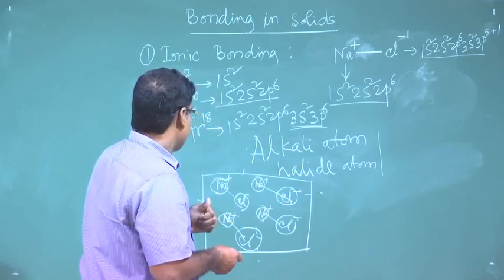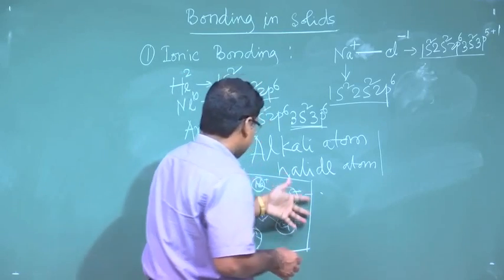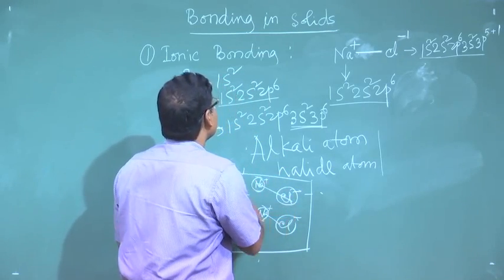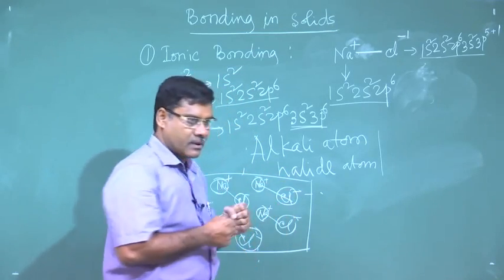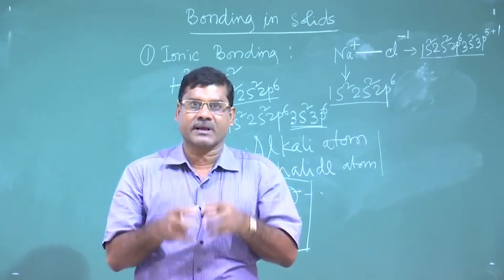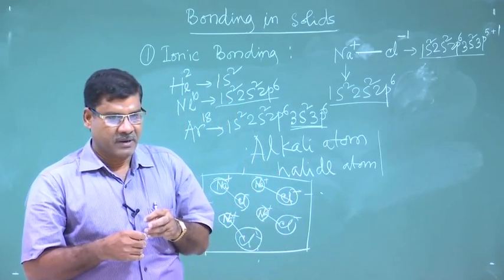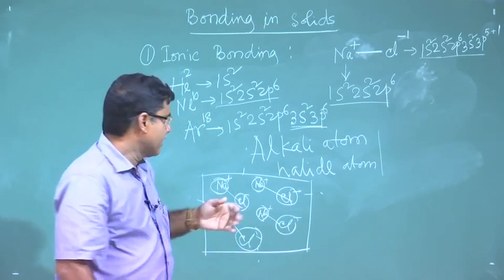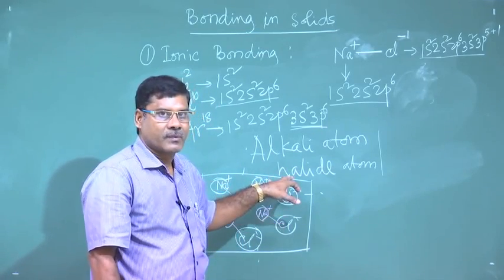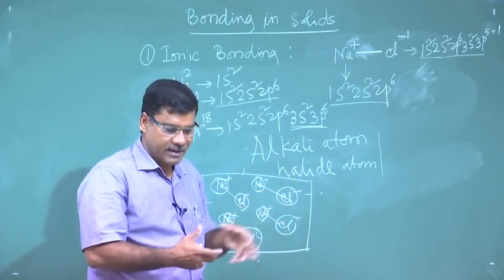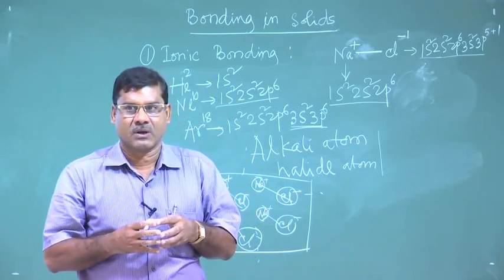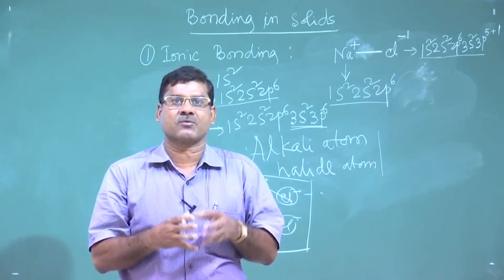Because of this bonding, atoms are held in the crystal, but how they will arrange in that configuration depends on the total energy of the system, the total potential energy, which has to be minimum.